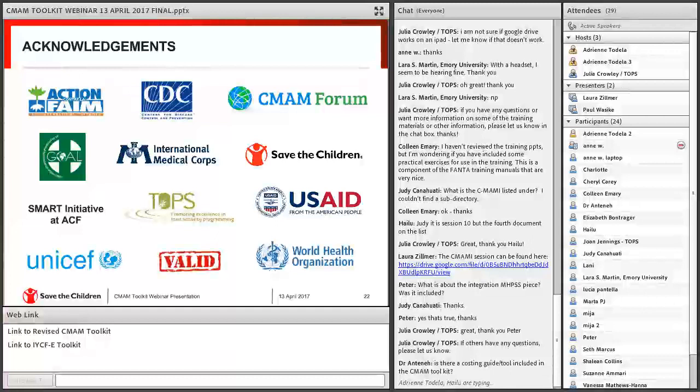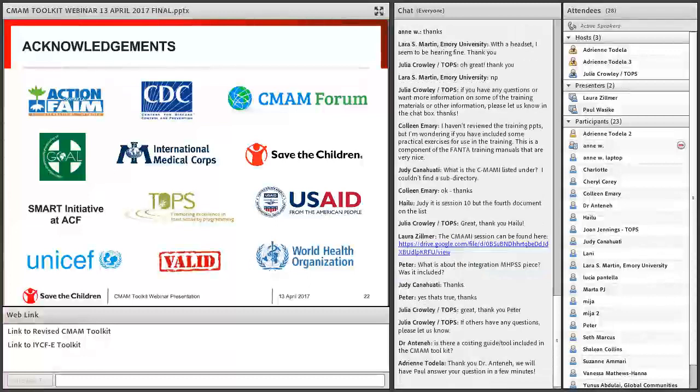And then, of course, the then CMAM forum, we'll update that with time, but of course, documents that came from the CMAM forum, and also supporting the user feedback collection. And then obviously Save the Children, not only facilitating the revision process, but also we had a number of Save the Children colleagues being part of the revision process. And then USAID, of course, through TOPS, supporting the revision process, which we really appreciate.